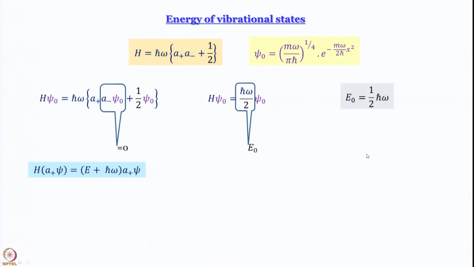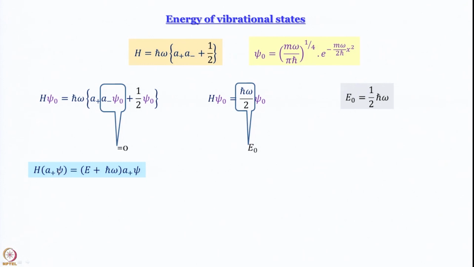Now what can we do? If you remember, if we use the step up operator, the a+ ladder operator on psi, then in the Schrodinger equation the energy becomes E plus ħω. Okay. So, what I am saying is this, you just keep on applying a+. Let us apply a+ to psi 0.